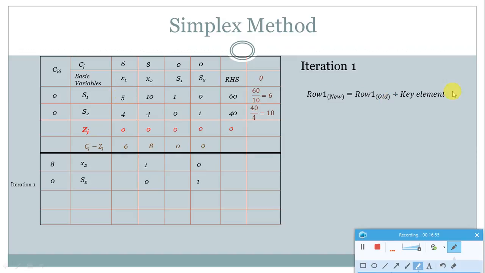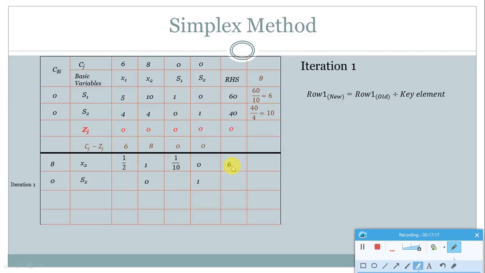So 5 divided by 10 is 1 by 2. Similarly, 10 divided by 10 is 1. 1 divided by 10 is 1 by 10. 0 upon 10 is 0. 60 upon 10 is 6.